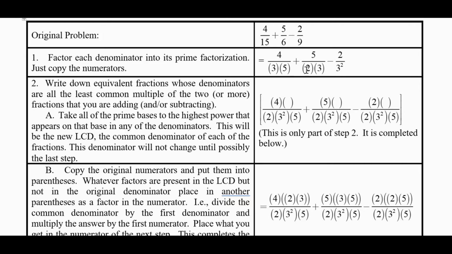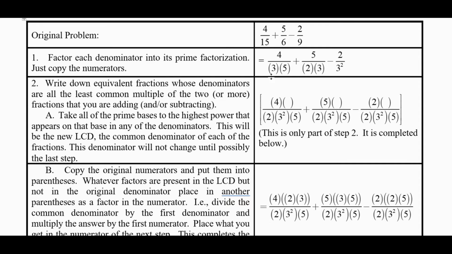So if you look, there's one 2 here, there's two 3's in this last one and one 5 here. So it's 2 times 3 squared times 5, and we need that to be common all the way across. How do we get from here to here to make this work? We see what's in the common denominator that's not in the original.